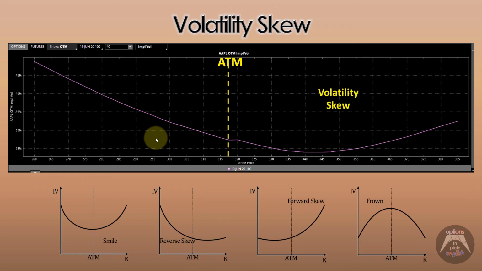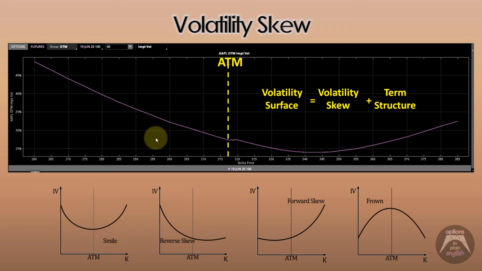Now, as we mentioned, we have volatility skew. It's the same expiration, but we also have term structure, which is how volatility changes over different expirations. All of this together is called the volatility surface, and it's a collection of all the different implied volatilities for all the options.